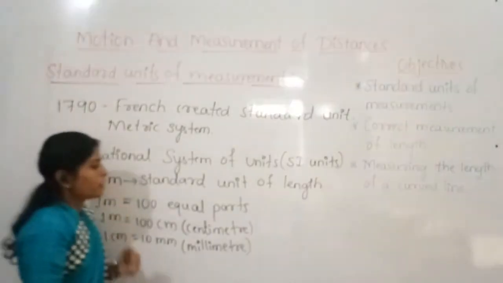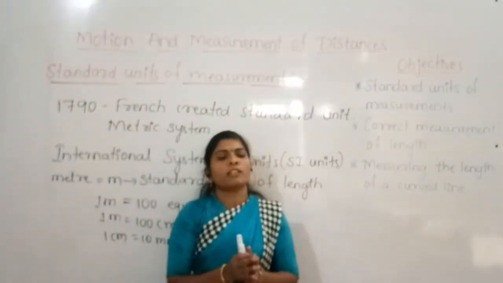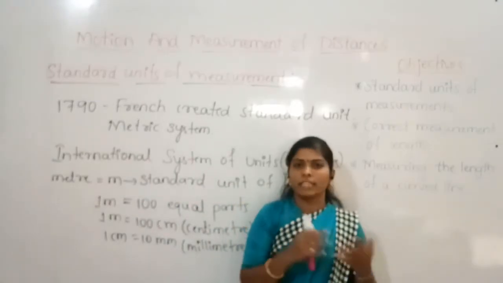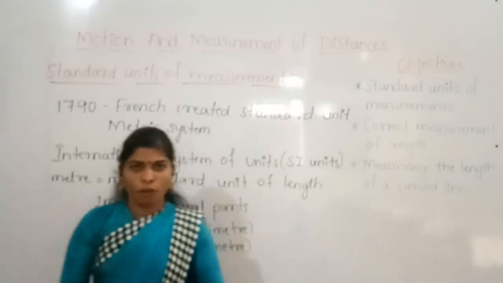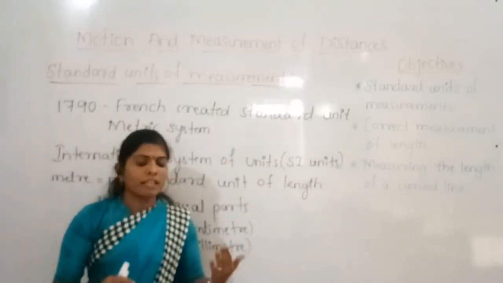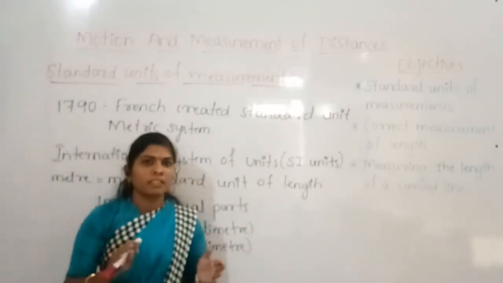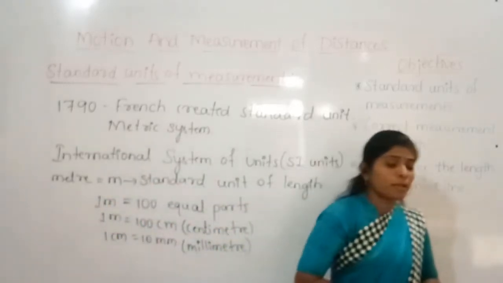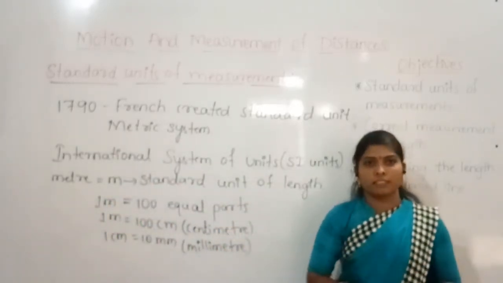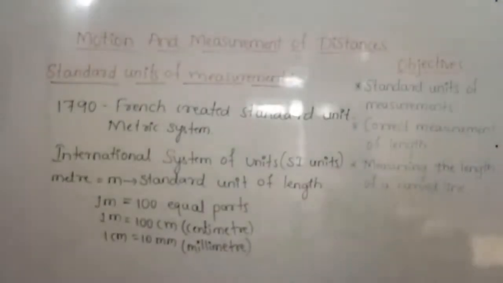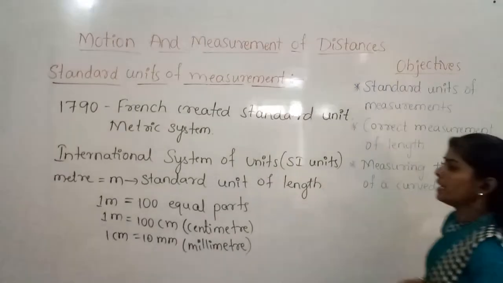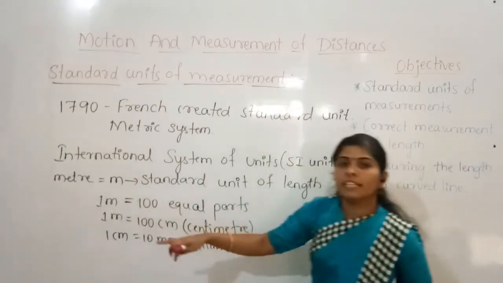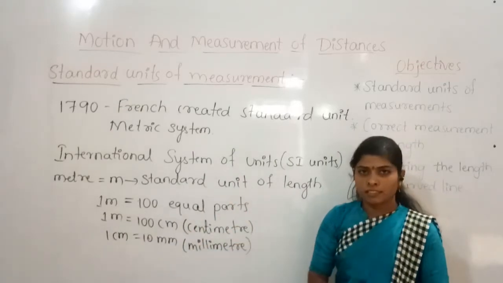These are the standard units for length and how we measure. For example, for a short distance, we can use the meter. If you walk from your home to the school, then we can measure that distance in meters. Suppose it is a longer distance, more than meters, then how can we measure? Meter is not convenient to measure a larger distance.